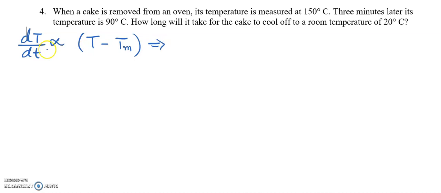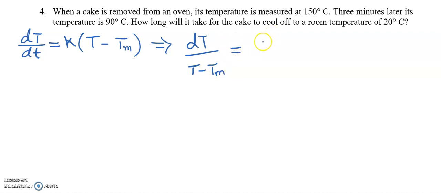So this proportionality constant can be converted into an equality by multiplying with the constant. This is a differential equation which is separable. So dT over T minus Tm equals k times dt, where we are assuming that this ambient temperature is a constant.